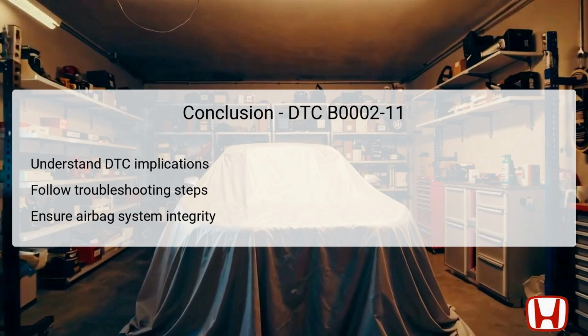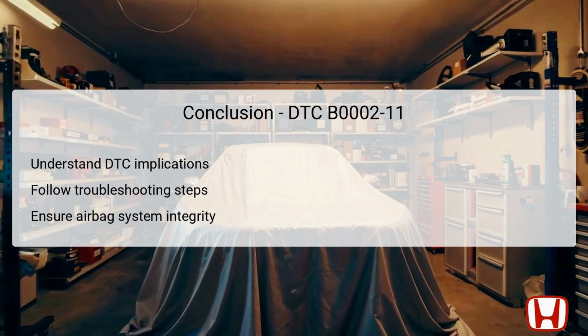In conclusion, understanding DTC B0002-11 and its implications is paramount for any Honda Accord owner or technician. The troubleshooting steps provide a structured approach to diagnose the driver's airbag second inflator issue effectively. From confirming the DTC initially to inspecting each involved component, this detailed process ensures that all potential faults are systematically addressed.